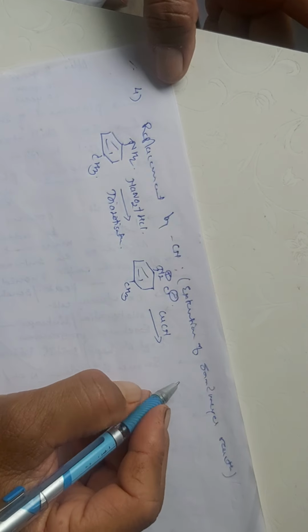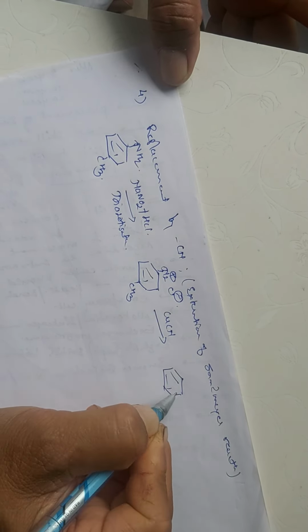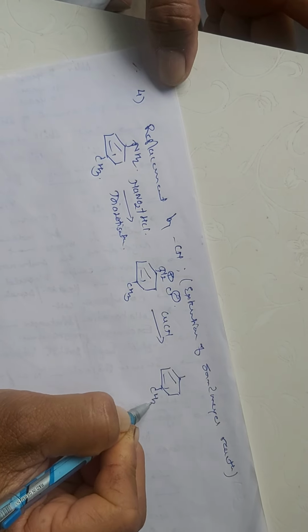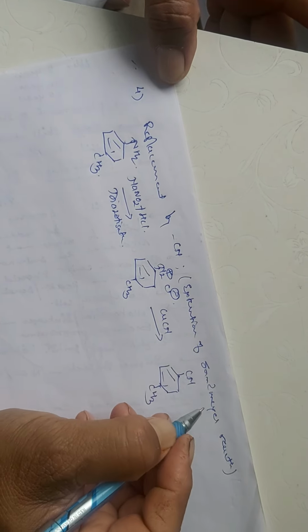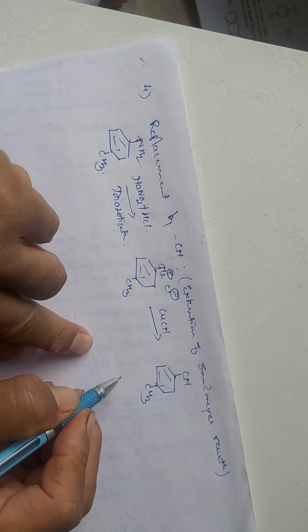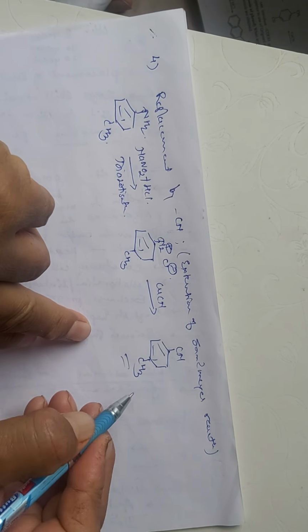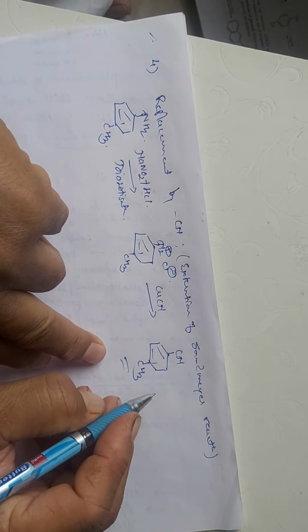and by using this the diazonium ion N2 is replaced by the cyanide, and this aryl cyanide which is obtained is the most useful synthetic route to synthesize aromatic carboxylic acids.